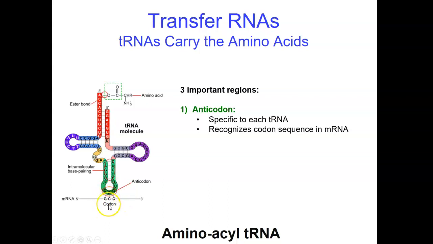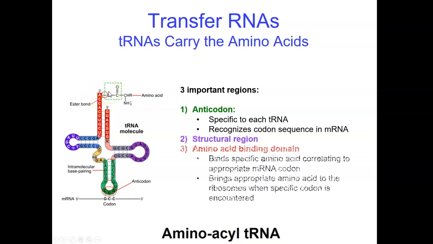And now we know that GCC, if we go back and look at our genetic code, is always going to encode for a particular type of amino acid that is going to be held here at the top of the molecule. So we've got this structural component to the molecule because of complementary base pairing.